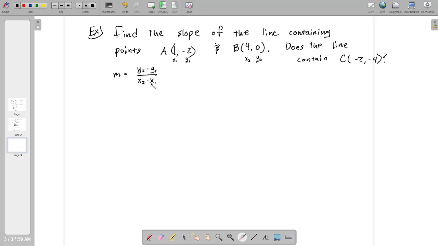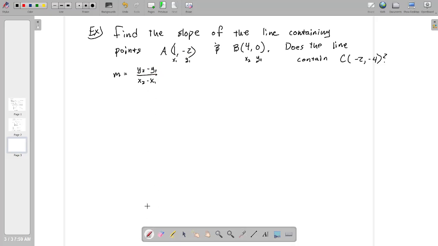So we just plug in the corresponding values. If 0 is y2, I plug that in. If negative 2 is y1, we plug that in, and so on. So m will equal 0 minus a negative 2, be careful with your negatives, divided by 4 minus 1. So we're going to end up with 2 divided by 3. So our slope is 2/3.